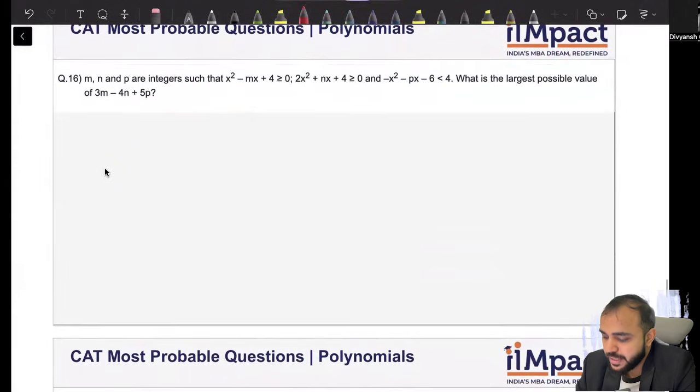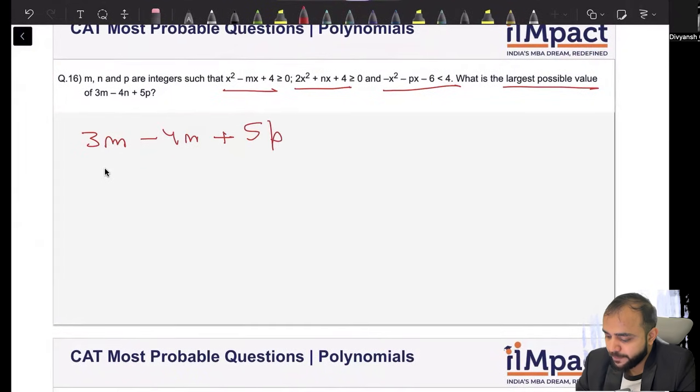All right, moving on. m, n and p are integers such that x square minus mx plus 4 is greater than or equal to 0. I have three quadratics here. What is the largest possible value of 3m minus 4n plus 5p? Now, this is always greater than equal to 0, which means that m square minus 16 is less than equal to 0.